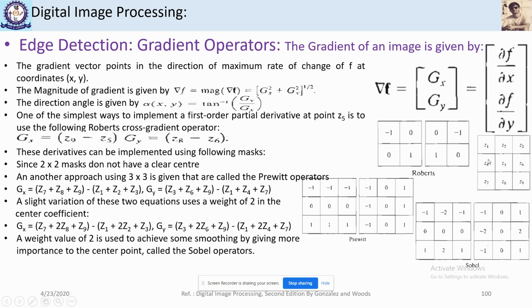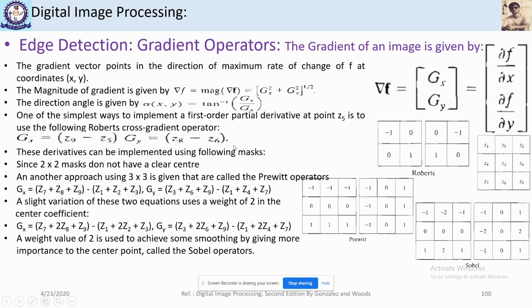If we want to compute the gradient with respect to pixel Z5, then the gradient coefficient Gx is given by Z9 minus Z5, and Gy is given by Z8 minus Z6. This is the simplest form of implementation of first order partial derivative.